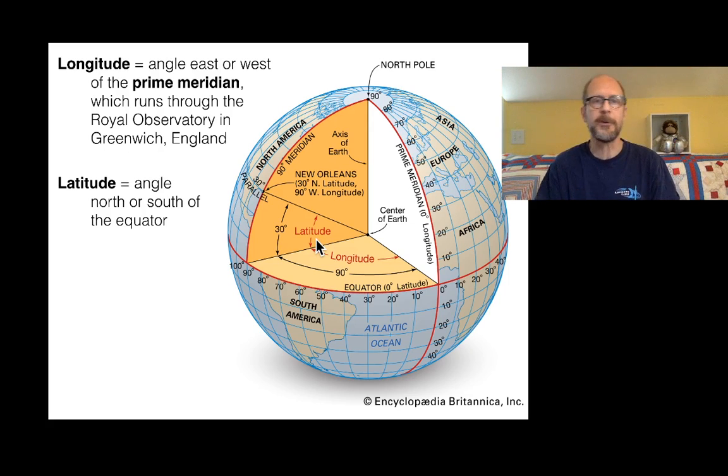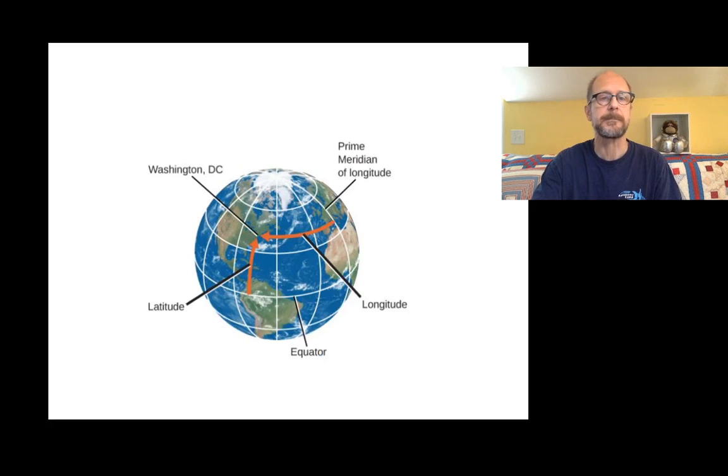So there's no arbitrariness there, whereas we as a society had to agree on 0 degrees longitude to be Greenwich Observatory. In this particular diagram, the example given is New Orleans. Its latitude is about 30 degrees north and 90 degrees west longitude. In other words, this angle is 90 degrees west from the prime meridian.